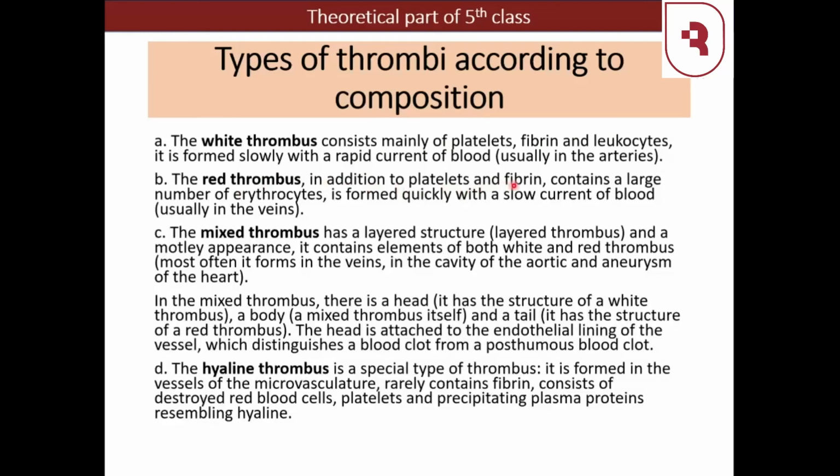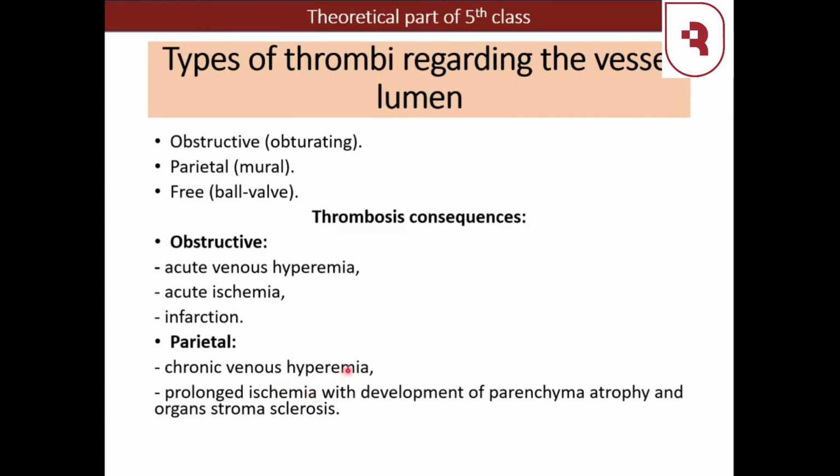Red thrombus is mostly associated with erythrocyte accumulation in the thrombus. Mixed thrombus is characterized by mixing of white and red thrombus. And hyaline thrombus is a special type of thrombus which forms in the vessels of the microcirculatory channel, mostly in the capillaries, and this thrombus is typical for DIC syndrome, for example. According to the lumen, there are obstructive or obturating thrombus, mural thrombus, and ball valve thrombus.